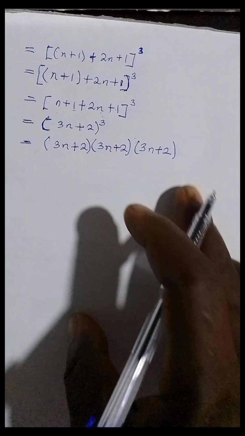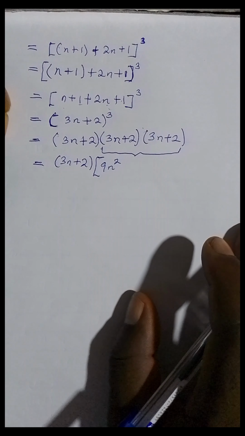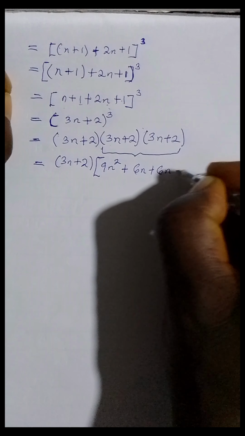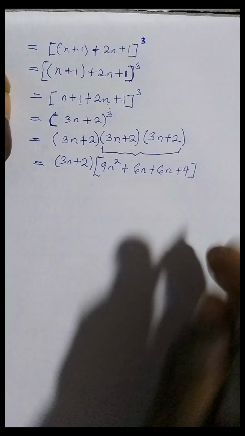So what I'm going to do is to expand the last two brackets. I'll combine these two brackets and expand. So I'm going to have 3n plus 2. So this will give me 9n squared plus 6n plus 6n plus 4.